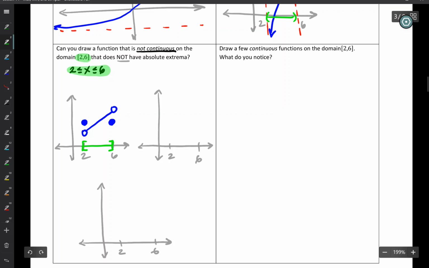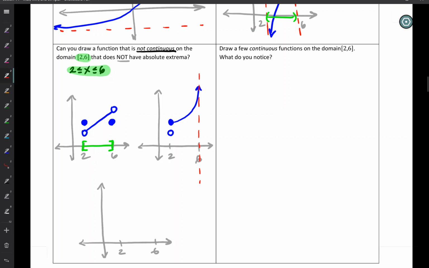So maybe you came up with something like that, or maybe you still used an open circle and then a filled in circle like that, so I don't have an absolute min, and sent the y values off to infinity. Although, with the asymptote, now the function isn't sending 6 somewhere, but this would be a piecewise defined function, so you could just send 6 to some point like that. That would work.